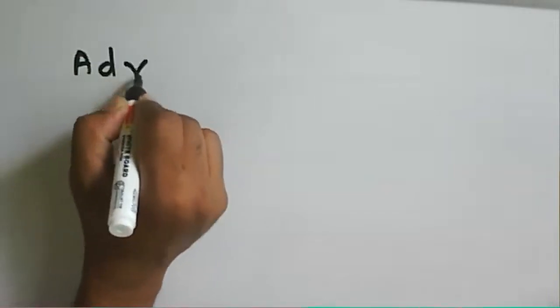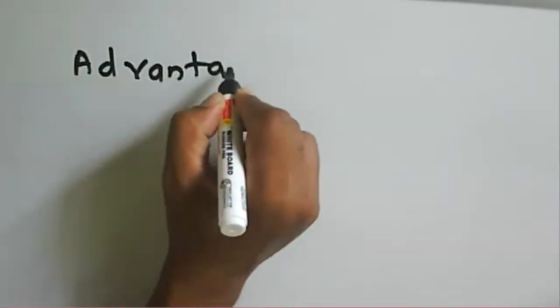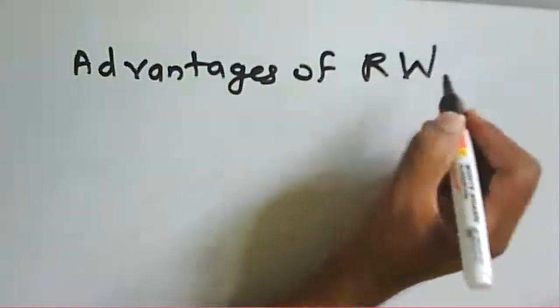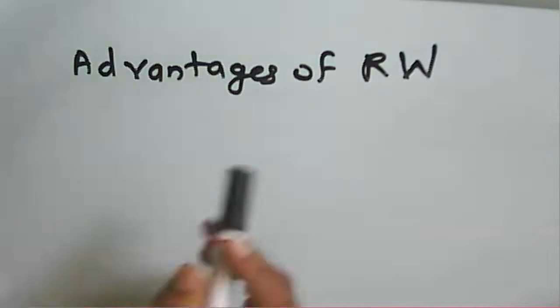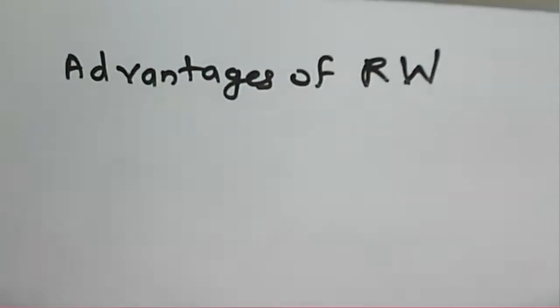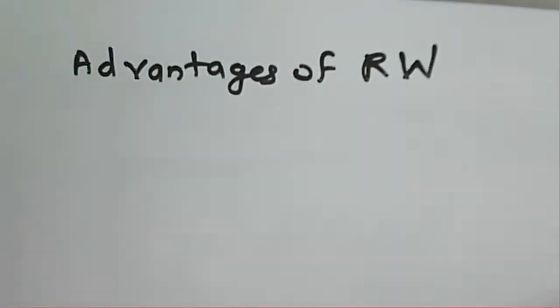Then the advantages of rectangular waveguide. Some people say RWG likewise. We'll talk about the advantages of this rectangular waveguide. The first advantage is that power losses are low.